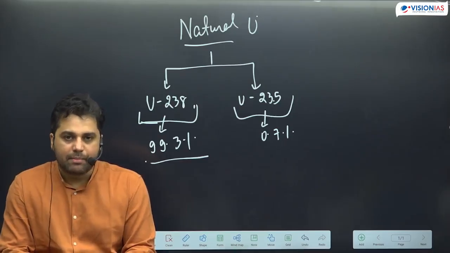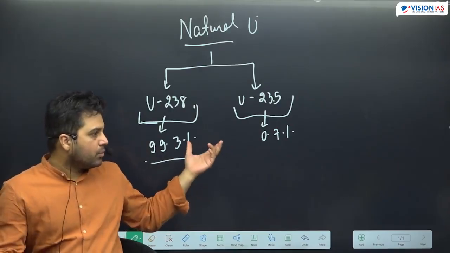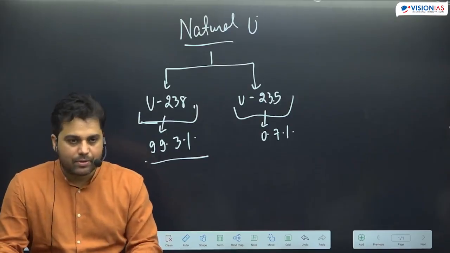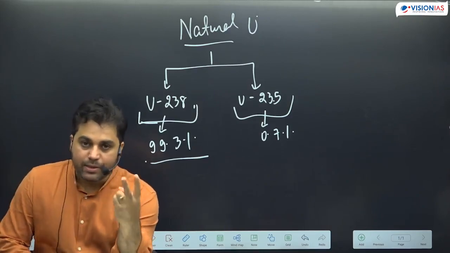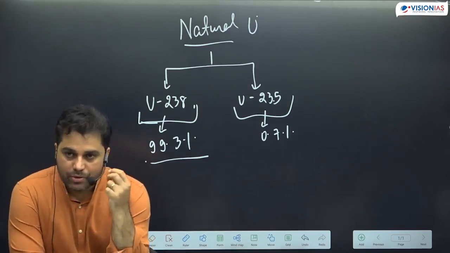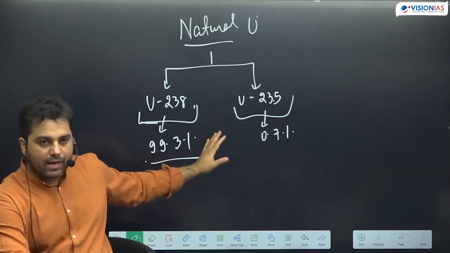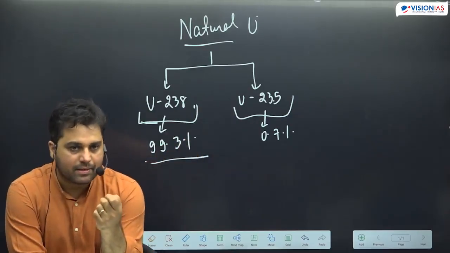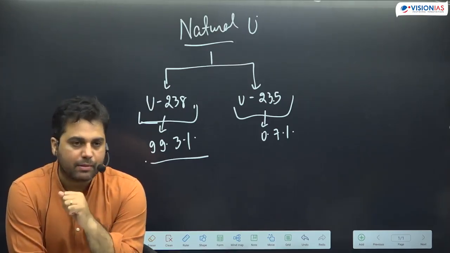Here we are talking about the same element but two different isotopes. I have a mixture with two isotopes, and I need to remove uranium-238 so that the concentration of 235 automatically increases. The more uranium-238 I remove, the more pure uranium-235 I get.